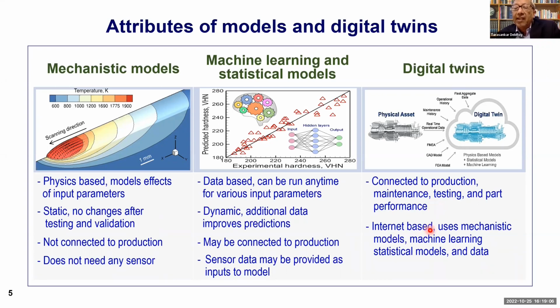So it is internet-based, uses mechanistic models, machine learning, statistical models, and data. So the digital twin will be connected to the physical twin or physical asset via the internet. That's the interrelation between mechanistic model, database models, and digital twins. The digital twins will have all of these and more depending on the specific use.